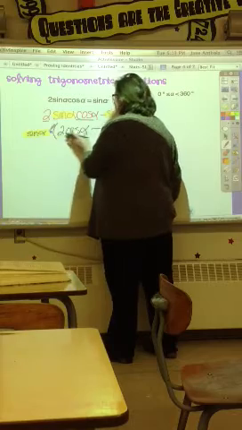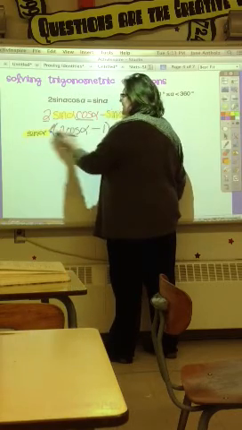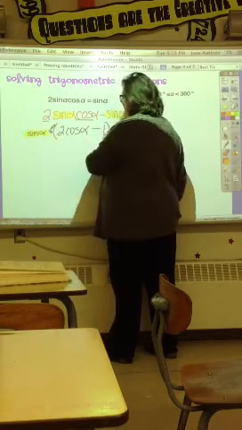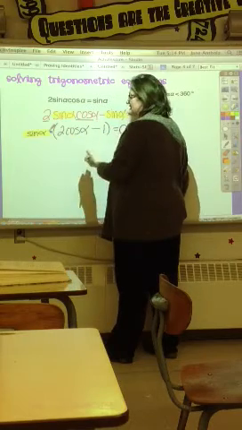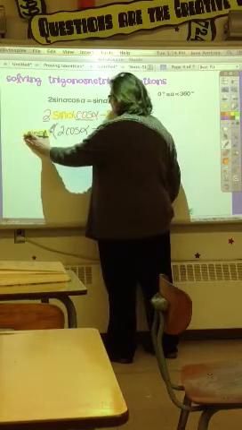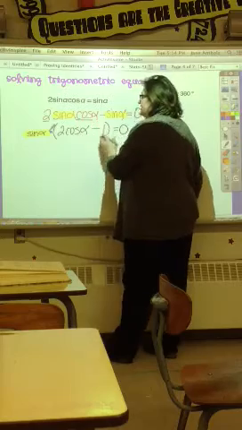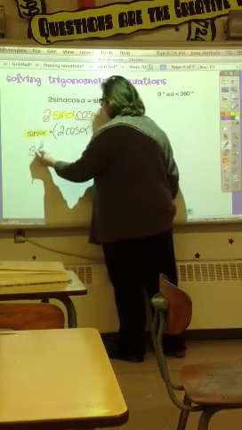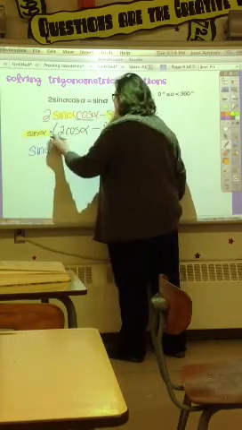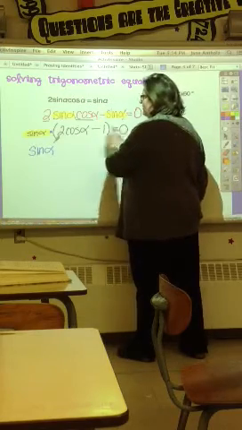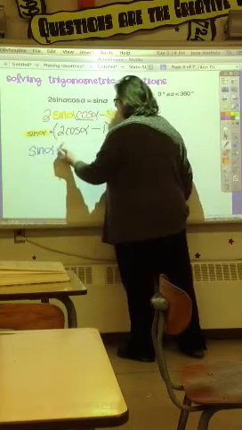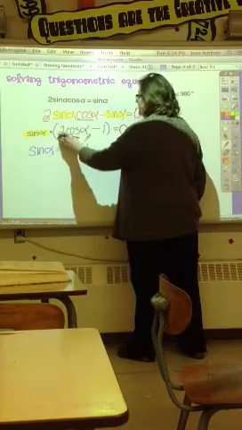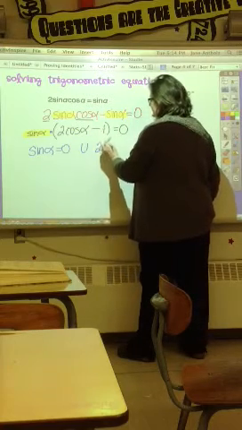Each of those factors are individually in terms of a single trig function. This is in terms of sine, this is in terms of cosine. So now we can use zero product property because if the product is equal to 0, then this factor has to be equal to 0, or this factor has to be equal to 0.